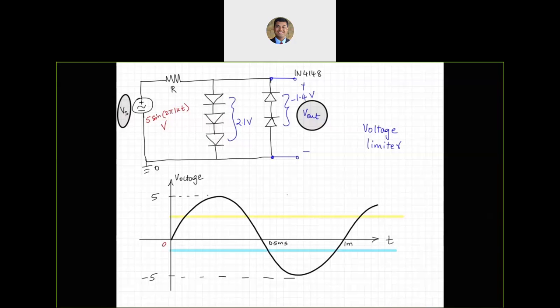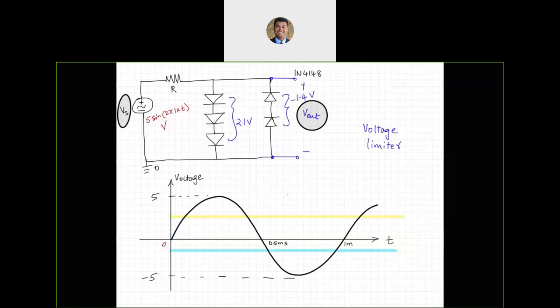And using the blue marker I can sketch the voltage across the output, which is going to be the voltage across those two parallel paths. So on the positive direction it is going to limit to 2.1. On the negative, actually let me take a different color here.